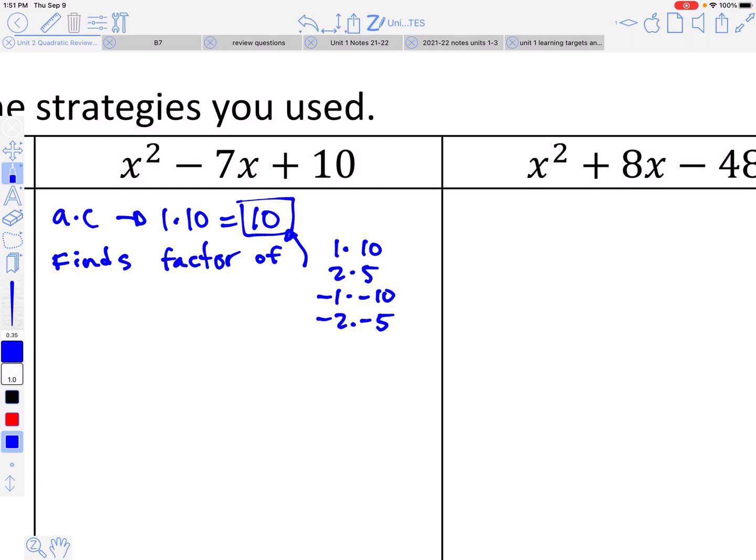You want one of them. So which one do we want? Find factors of this guy right here, but it needs to add to get negative 7, that middle term, that B term, okay?